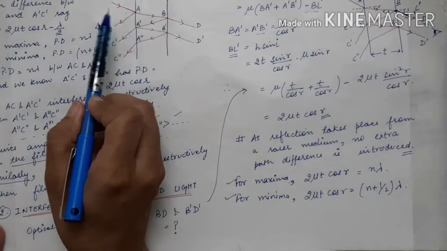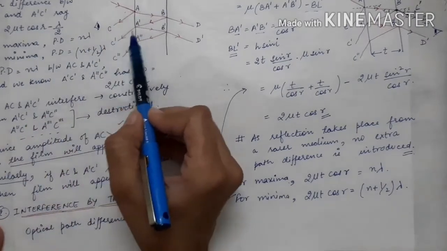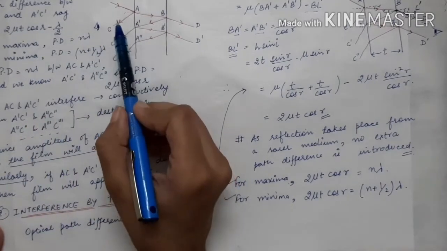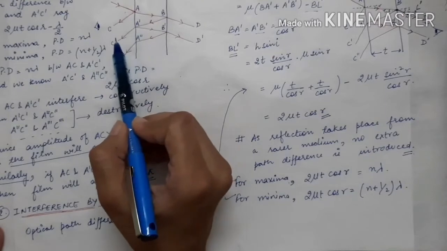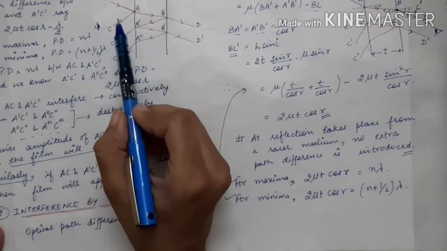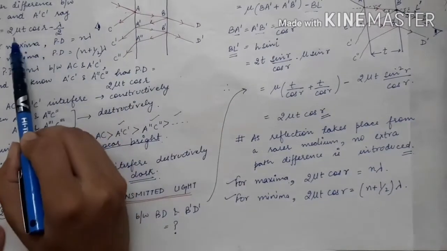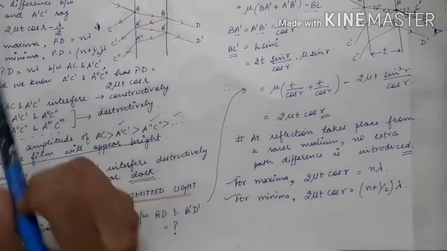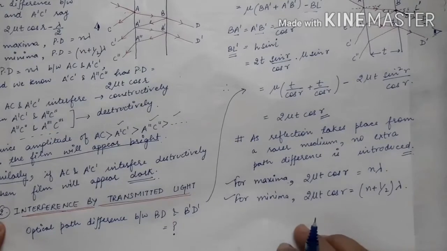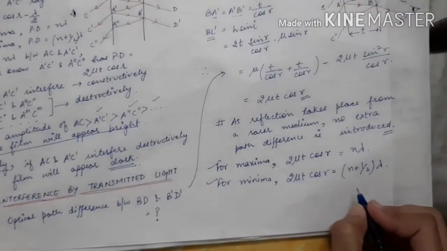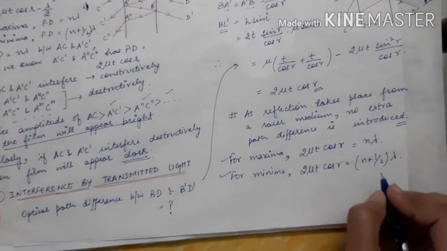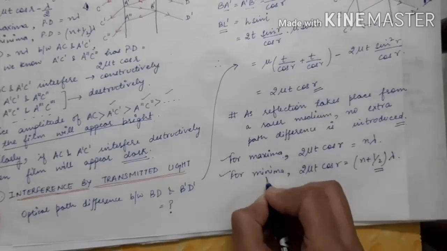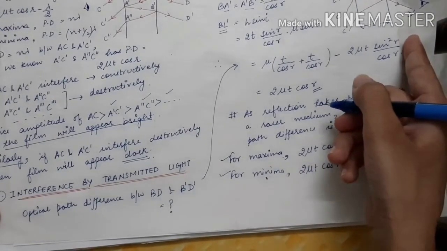So keep in mind, we are assuming the first two reflected rays interfere constructively. In that case 2 mu t cos r will be equal to n plus half lambda. And this is the condition for minima for the transmitted light.